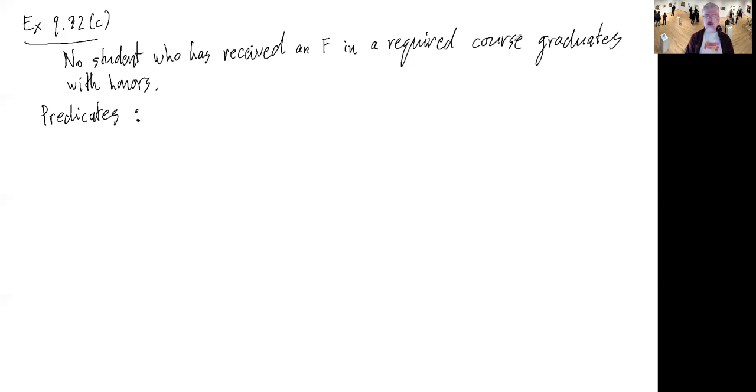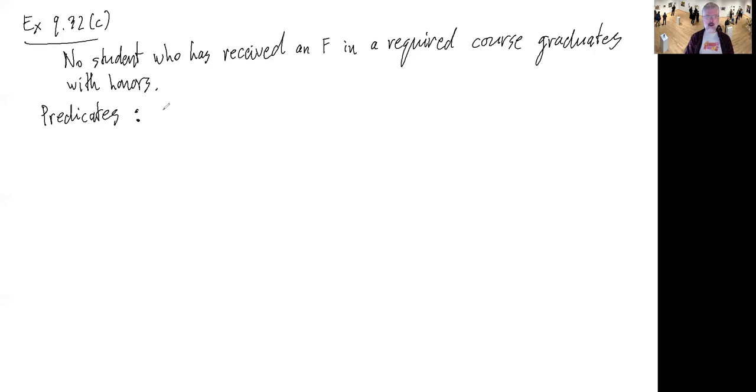So we need something about receiving a grade in a course. I'm going to leave required out for a second because we're going to receive grades in all our courses, not just in required courses. So it being required is sort of a property of the course, not the grade. So I'm going to make a separate predicate for that.